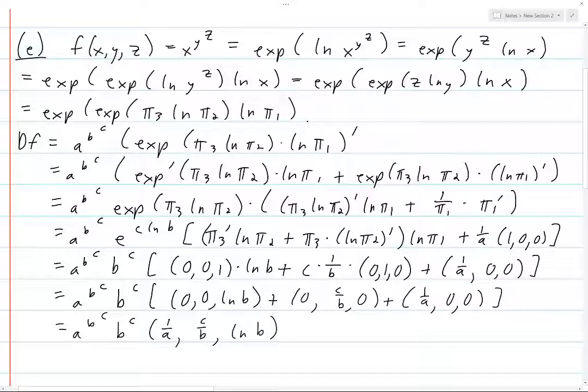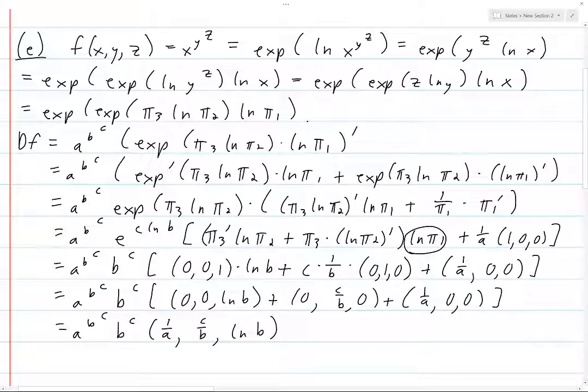This doesn't quite look right. I lost this guy. Okay, yeah, and that makes sense. So what we're going to have is this natural log of pi 1, that needs to go here.